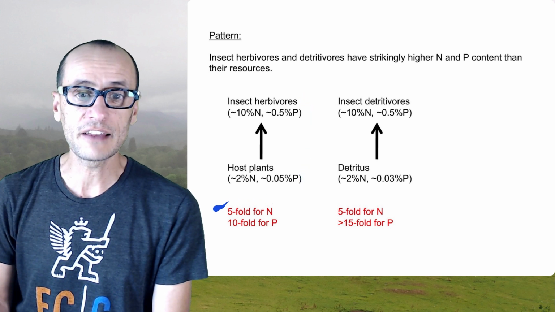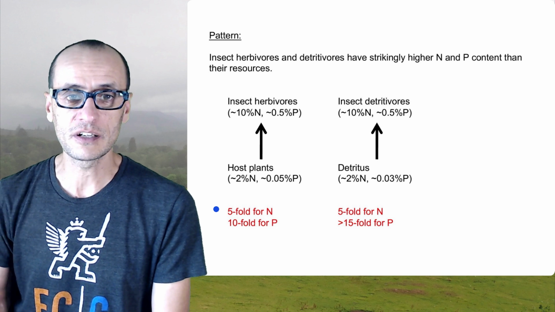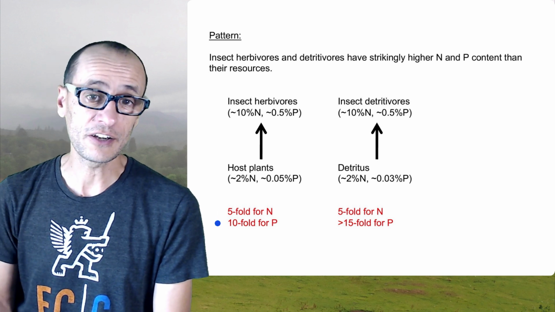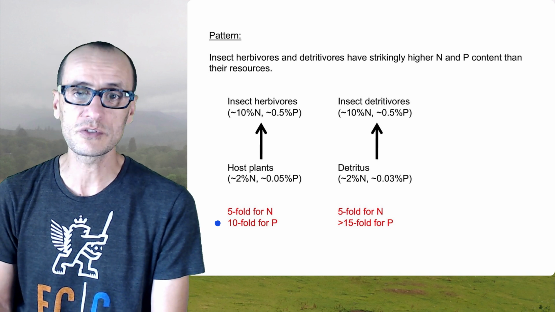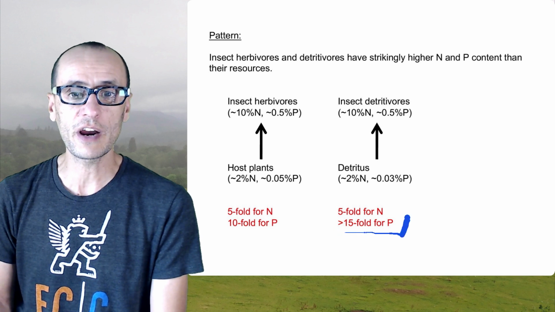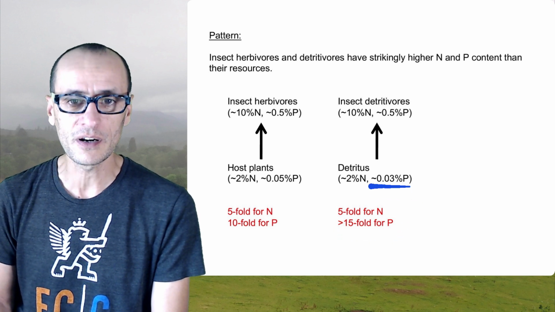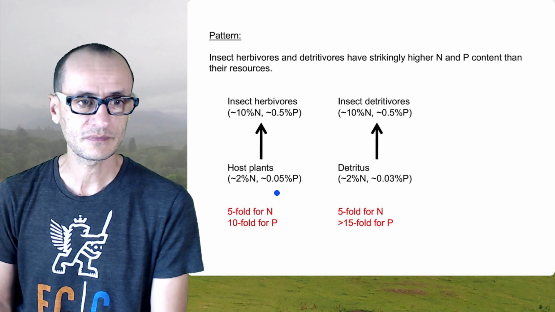So we already said that there's about a 5-fold higher demand of nitrogen in insects compared to their host plants. There's actually a 10-fold higher demand in the tissues of insects for phosphorus compared to their host plants. And this is even more magnified for insects that are detritivores because detritus, dead plant material, has even lower phosphorus concentration than plants do.